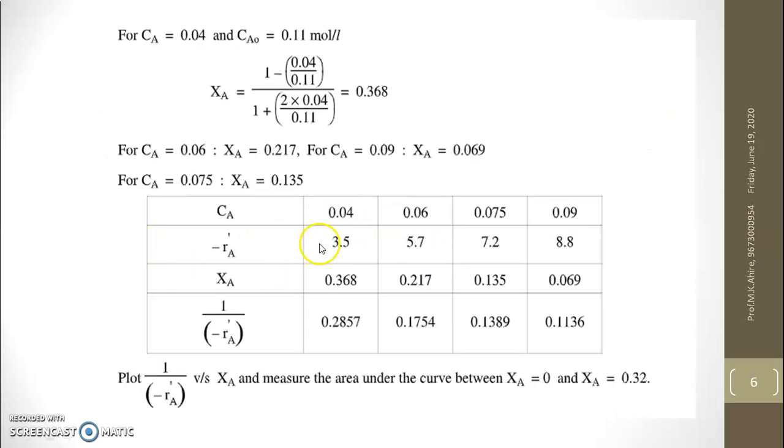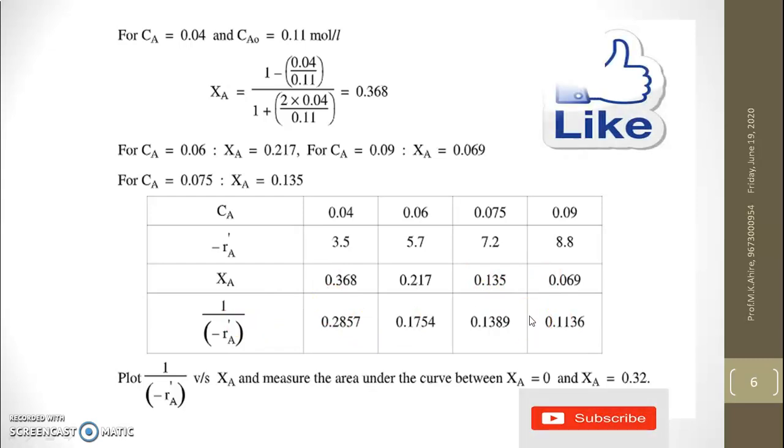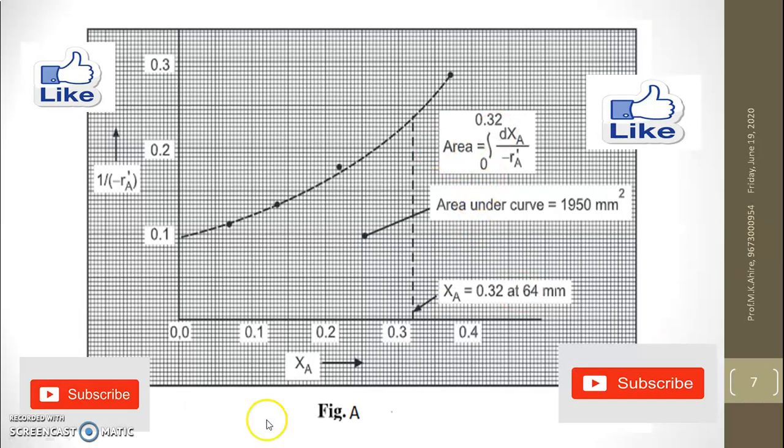Now this table is ready, so we use these two rows to plot a graph of 1 upon minus RA versus XA, with the help of the values available.